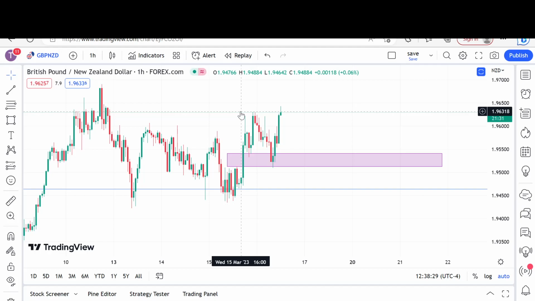It doesn't disqualify a play for me if it does take it out, like during London session, for example. It doesn't automatically make me lose interest in the play, but it is without a doubt higher probability when that buy side liquidity pool, like today, being previous day's highs, is left untouched beforehand. Okay, that's higher probability without a doubt.